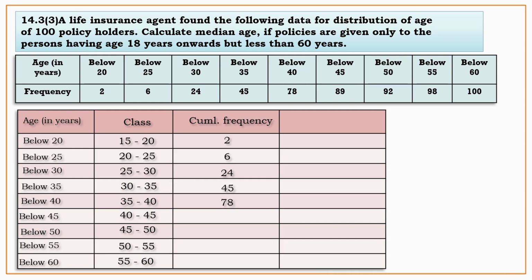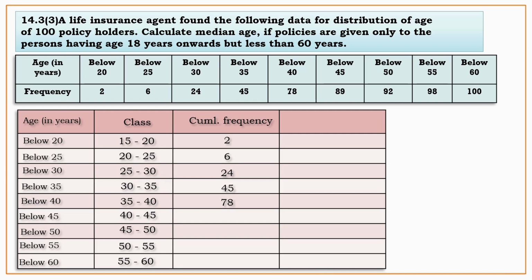Below 25 means it also includes below 20 people as well as the people between 20 to 25. So that's why it is always going to be the cumulative frequency. Now if we take a look, below 30 means what? Below 30 means the people below 20, people within the range of 20 to 25, and also 25 to 30. So all the people come under below 30 range.